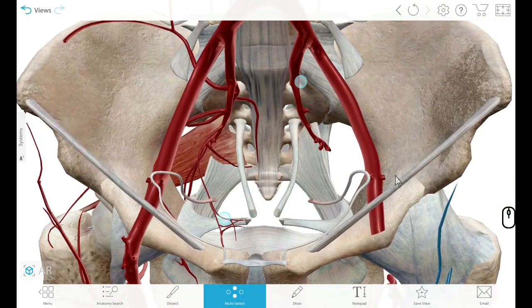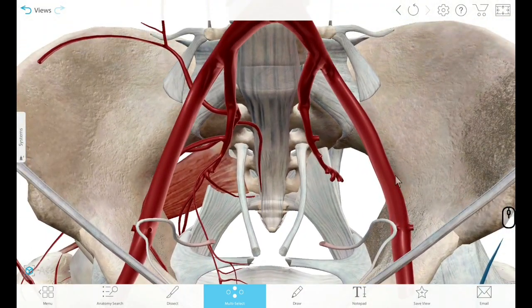The other branches that can be seen are the iliolumbar branch, appropriately called because it is lying on the ilium bone and crossing lateral to the lumbar vertebrae. Now another blood vessel can also be seen which is lying lateral to the sacrum and this is the lateral sacral artery.